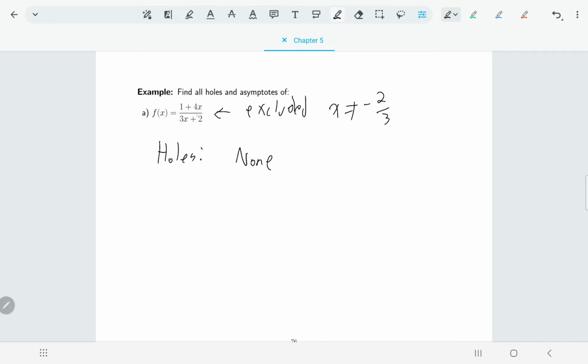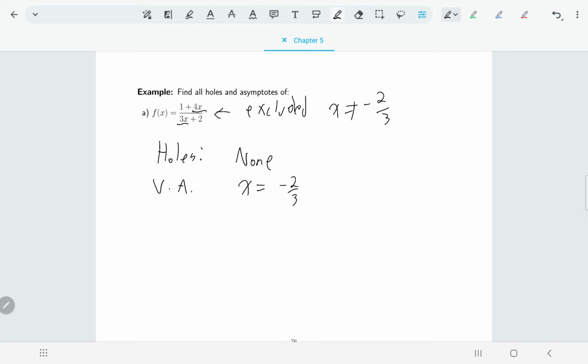And of course, the factor that gave us the excluded value certainly is still there. We did not cancel it out or get rid of it in any way, which means that we don't have any holes in our graph, and rather we will have one vertical asymptote, and that will be the line x equals negative 2/3. As far as the horizontal asymptotes go, we do have one. If we're looking at the top and the bottom, they both have degree 1.